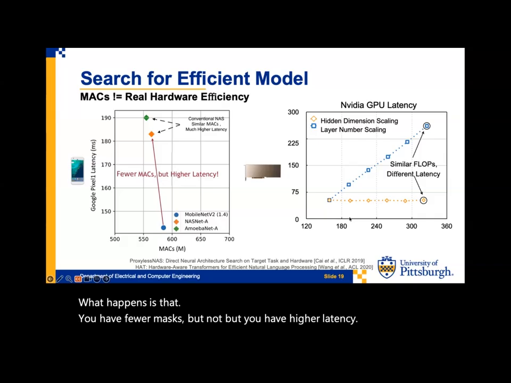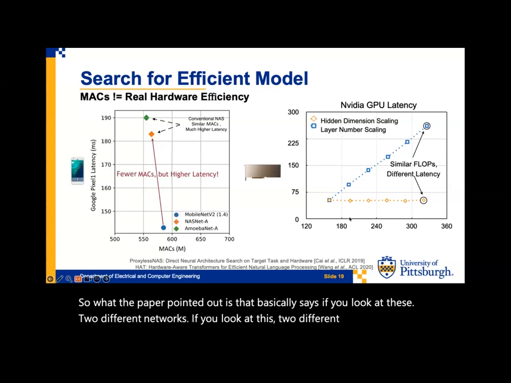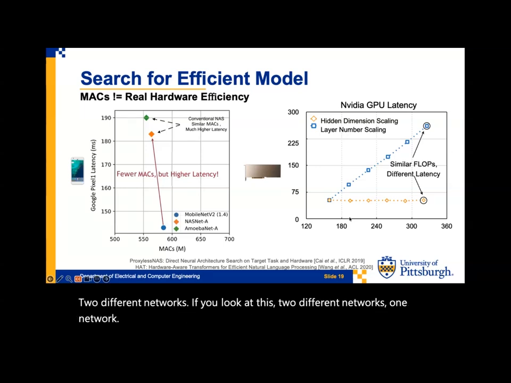So what the paper pointed out is that if you look at these two different networks, one network, I'm sorry.